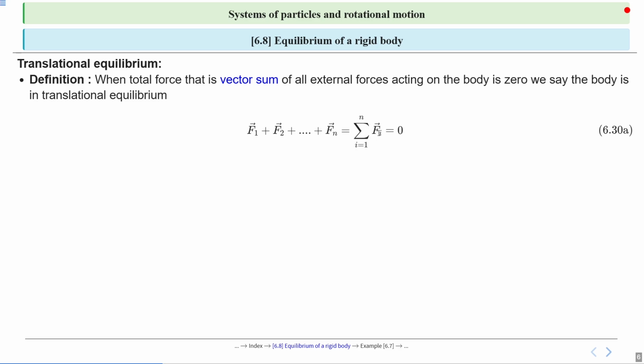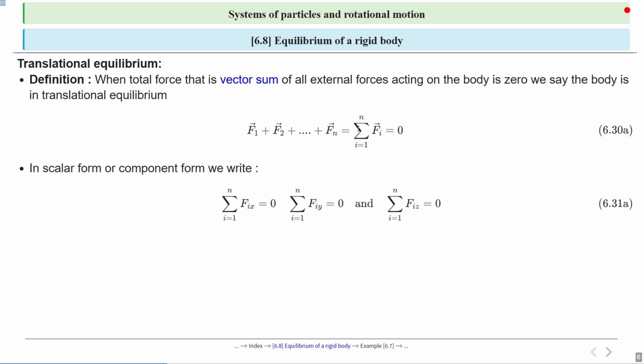In the form of summation, it will be the sum from i equal to 1 to n of Fi equal to 0. This expression, 6.30a, shows there is no linear acceleration because the net external force acting on the body is 0, or it is at rest or moving with constant velocity. So this is all about translational equilibrium.